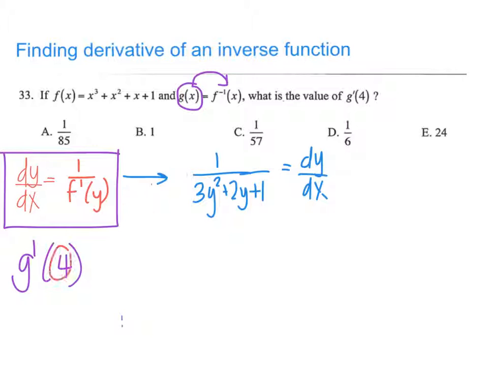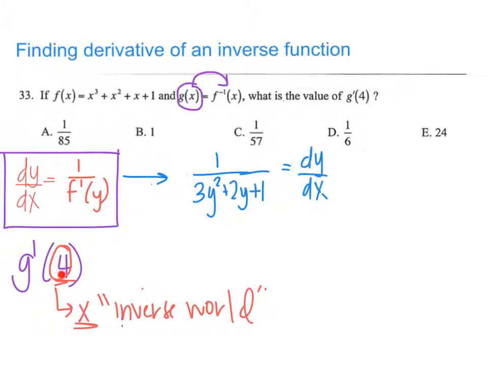Therefore, this is an x, but in inverse function world, 4 is the x value. But they didn't ask us for an x value. We need to plug in a y value.